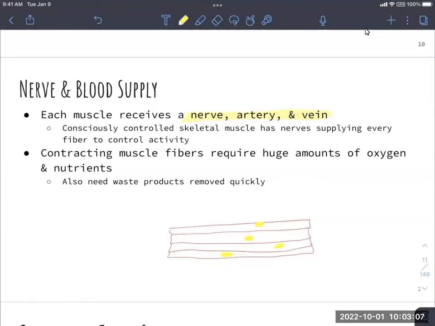Every fiber connects to a nerve so that each fiber can work. If only one fiber had a nerve attached to it, your muscles wouldn't contract as smoothly and easily as they do when they have a nerve attached to every fiber.